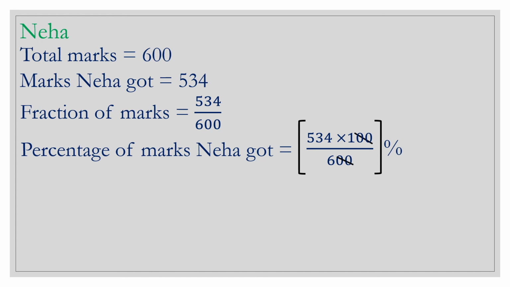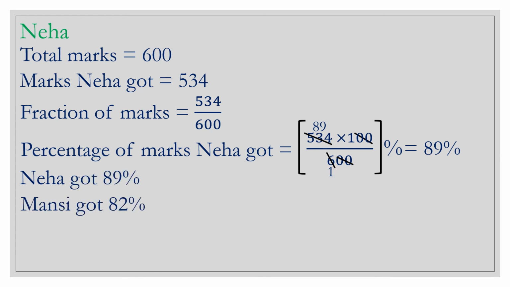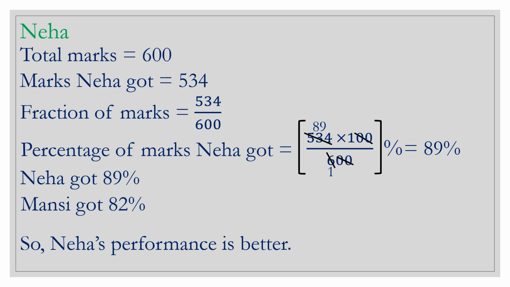Cut 20 by 20. See, 6 and 534 both are divisible by the same digit 6. So divide. 6 ones are 6 and 6 89s are 534. So we get 89%. So Neha got 89% and Mansi got 82%. Now tell me whose performance is better? Yes, Neha. So write down Neha's performance is better.